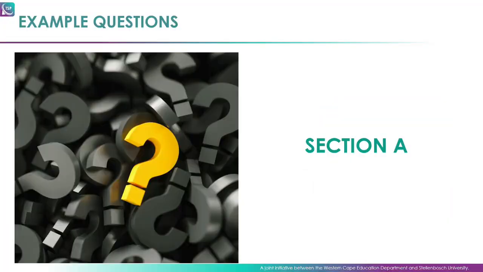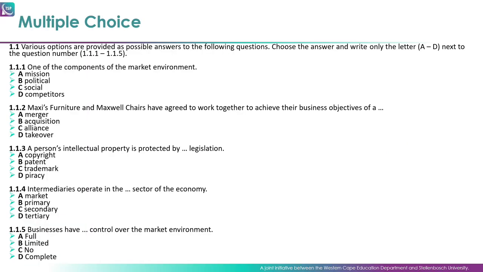Okay, so we are going to go through some example questions for sections A, B, and C. First and foremost, the multiple choice. Obviously you're going to choose the most appropriate answer, and in this instance we are going to circle the most appropriate answer. Again, to reiterate, we're only going to circle one, so there's only one possible answer. 1.1.1, one of the components of the market environment.